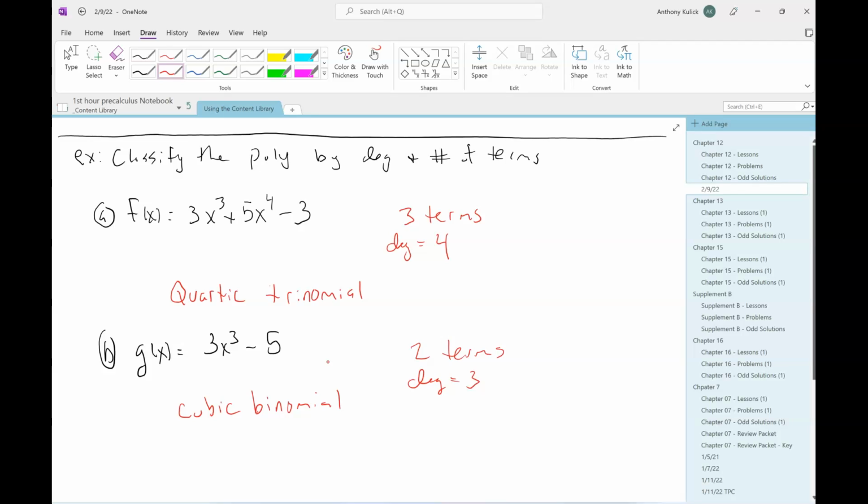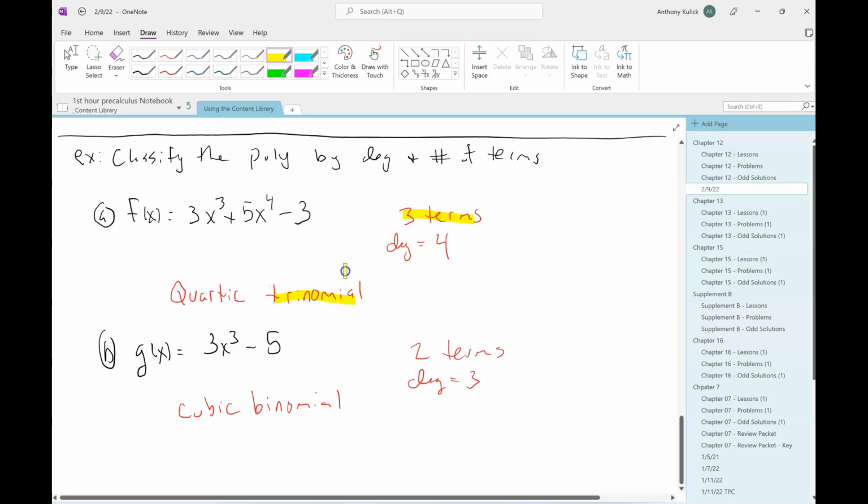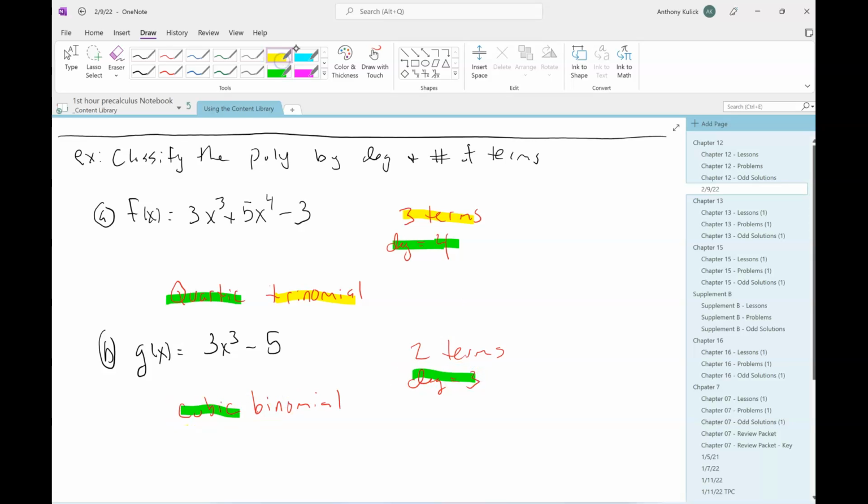Everybody feel okay there? If you're going back and looking at it, that might be helpful to figure out how we're using that information to come up with the names.